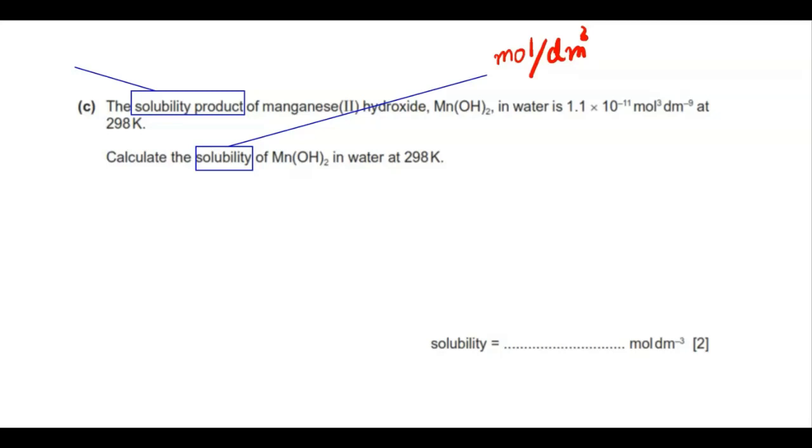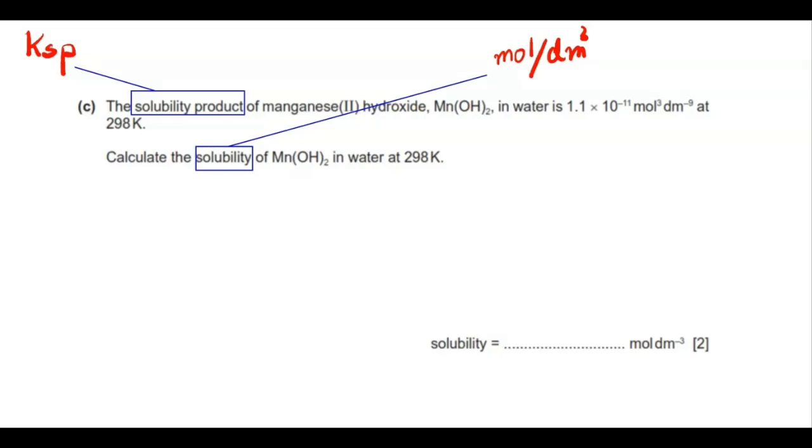Now solubility product is also known as an equilibrium constant, and it describes the equilibrium between a solid and its constituent ions, right? So they are different. Ksp is temperature dependent, and it has a different unit, different for different salts, right?